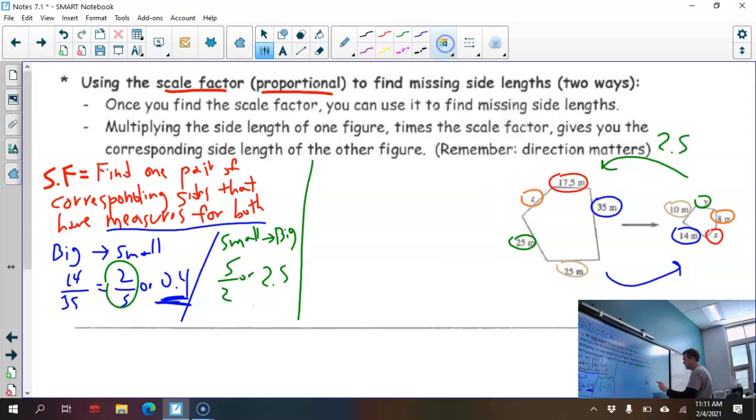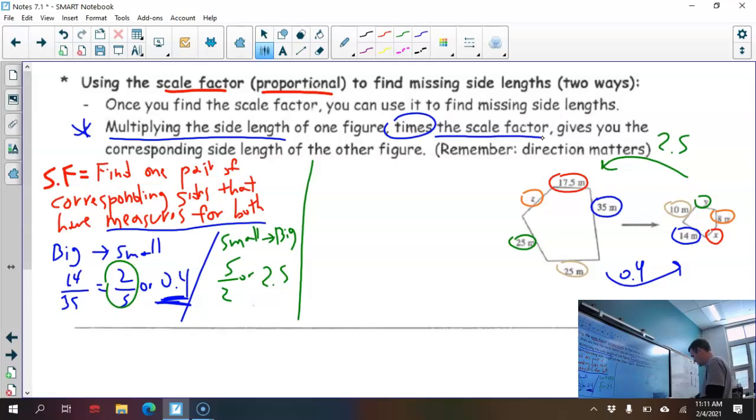My scale factor going the other way is 0.4. All right, so the scale factor is good for this. Multiplying the side length of one figure times the scale factor gives you the corresponding side length.